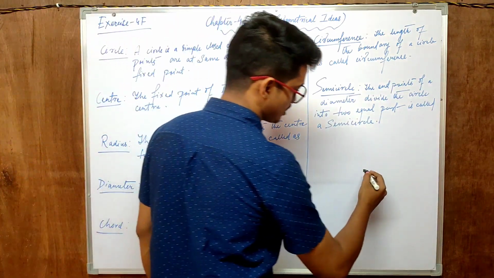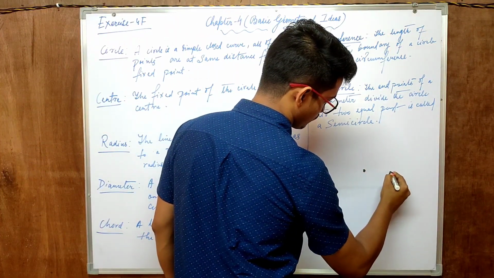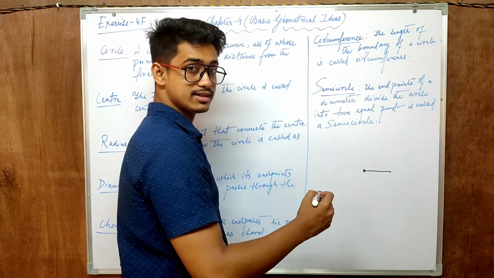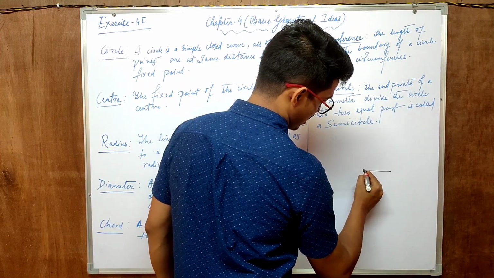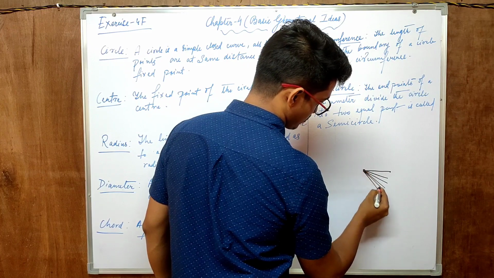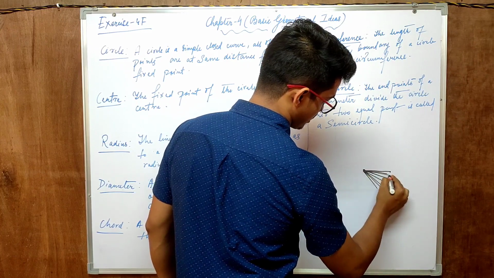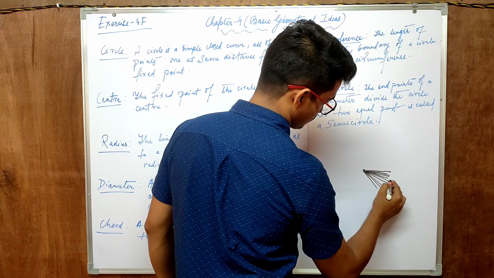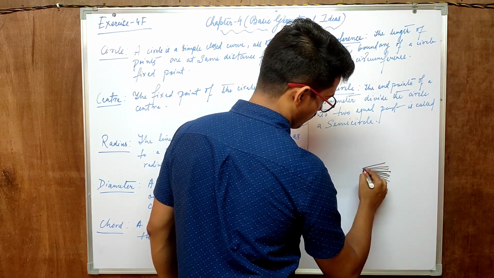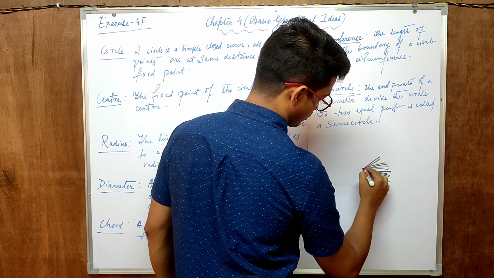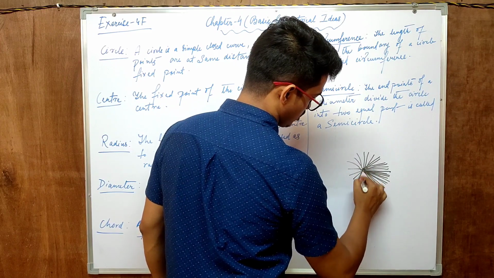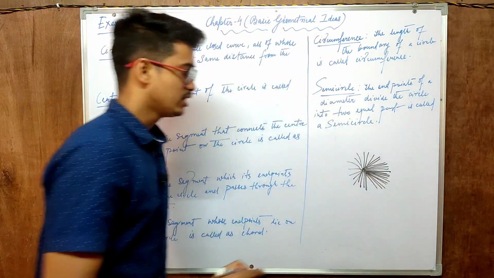If the distance from here, let's say from here, is the same, that means at any point the distance would be the same. The gap which is being created at that point also, some lines will be there. So there may be infinite line segments having the same length, if you observe carefully.